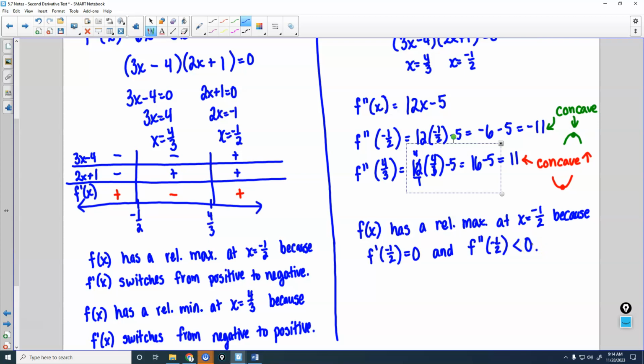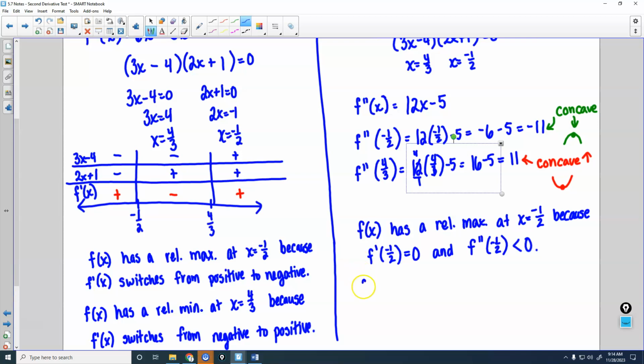Now you could go on to explain this further. You could say which means that f of x is concave down at that point, so it has to be a maximum. You could go on to say more, but you don't have to. For the second derivative test, you got to show that the first derivative is 0, and the second derivative is either positive or negative at that point.